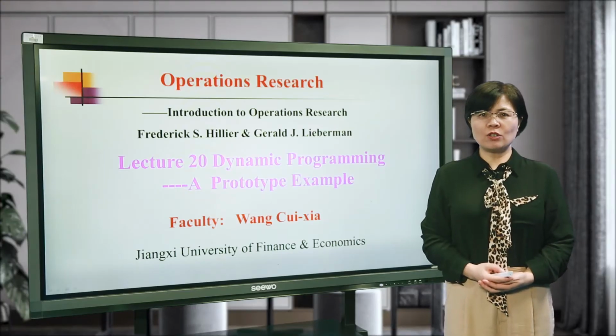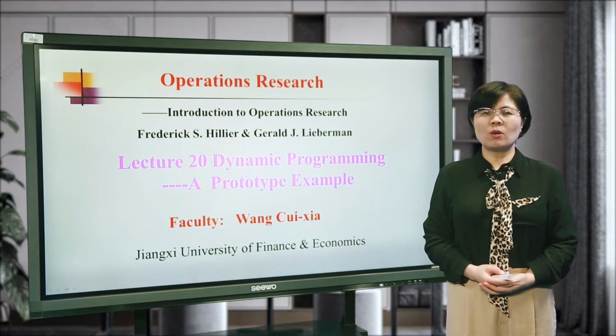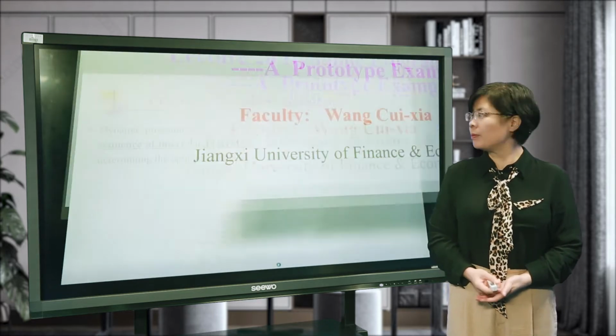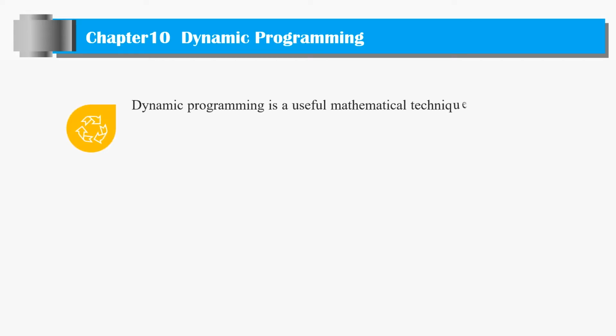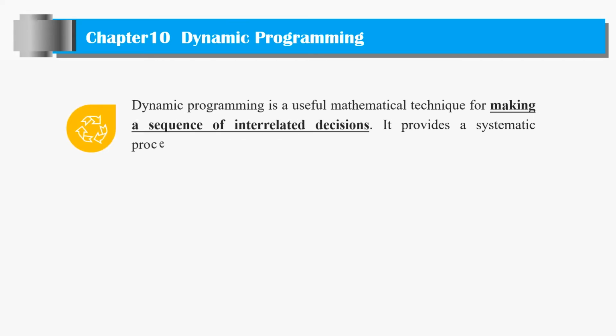Everyone, I'd like to begin with Chapter 10, what we call dynamic programming. Dynamic programming is a useful mathematical technology for making sequential decisions. It provides a systematic procedure for determining the optimal combination of decisions.